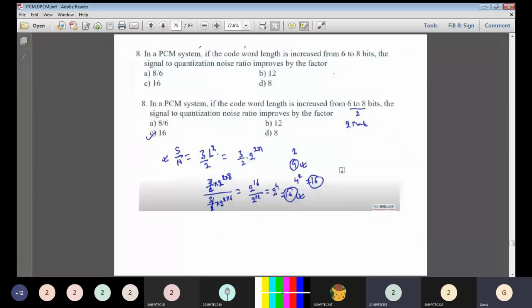In that, especially, we have to concentrate on the formula for the signal to noise ratio of the PCM. S bar N equal to 3 by 2 into L square. This is one of the important formulas we have to remember. The value of L is 2 power of n, where small n is the number of bits. That is the thing we should keep in mind.